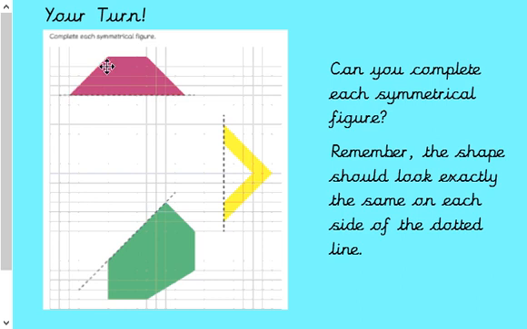The point is going to be there, but this one is different, and you can see that this one is 1, 2, 3, 4 squares off the dotted line. Then we would need to count 4 squares below the line. Okay, so I want you to have a go at this with all of these shapes. When you're ready, press play.